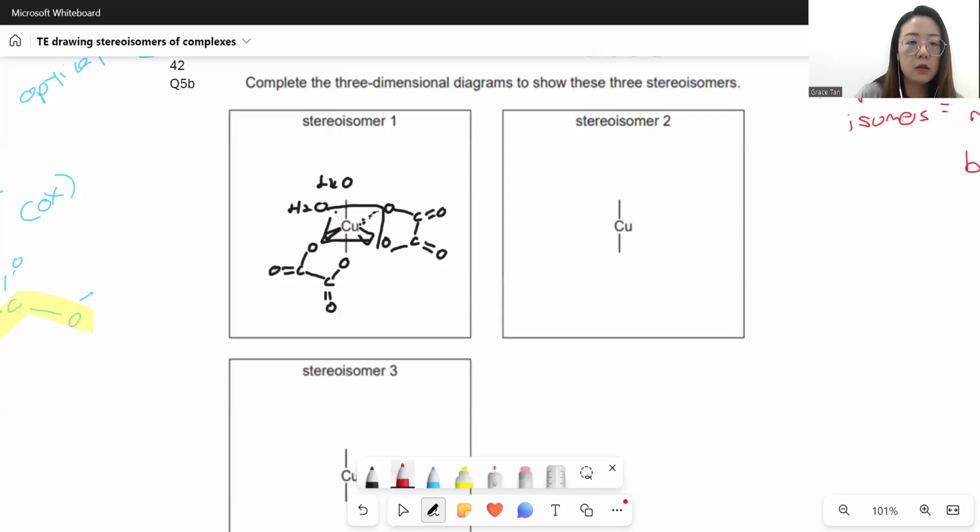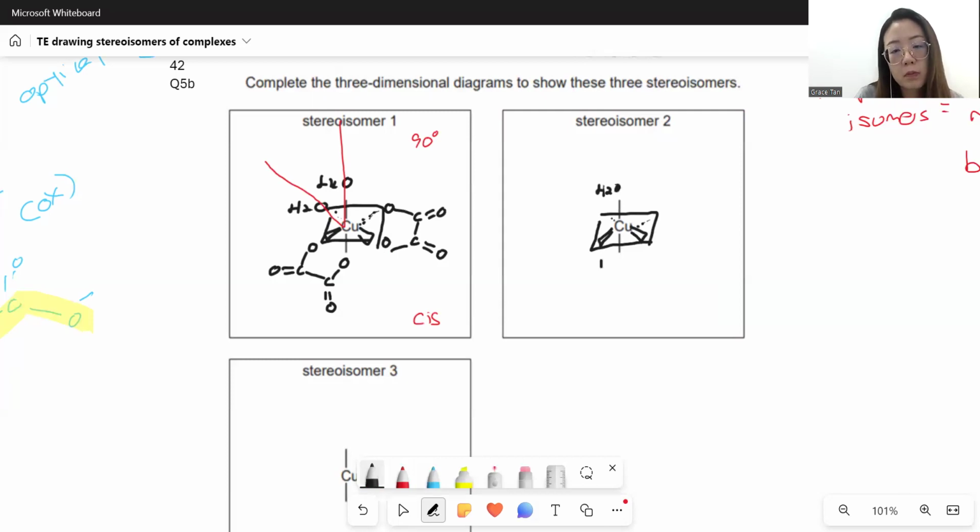You focus on the 2 monodentate here. This is 90 degrees. This is your cis isomer. Focus on the 2 monodentate. Then, of course, you can draw your trans isomer. The bond is pointing to the oxygen.